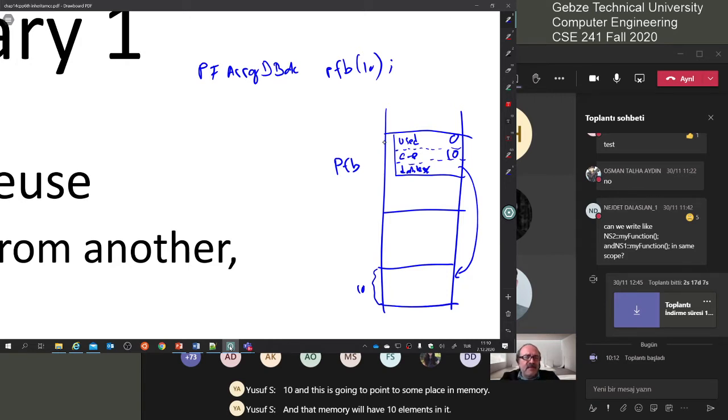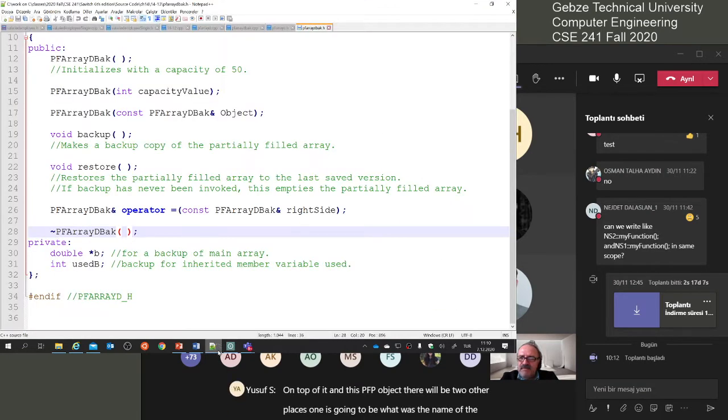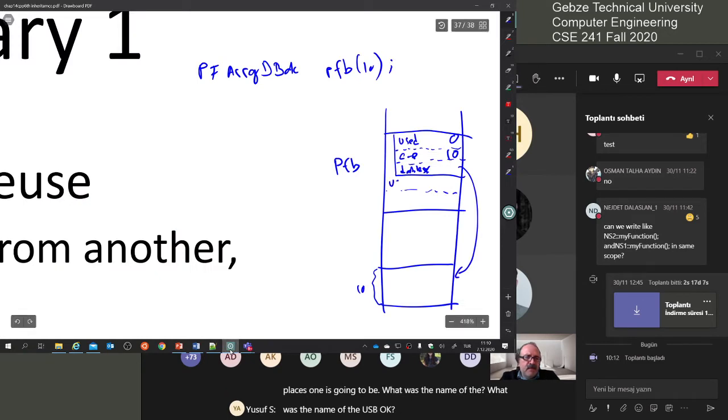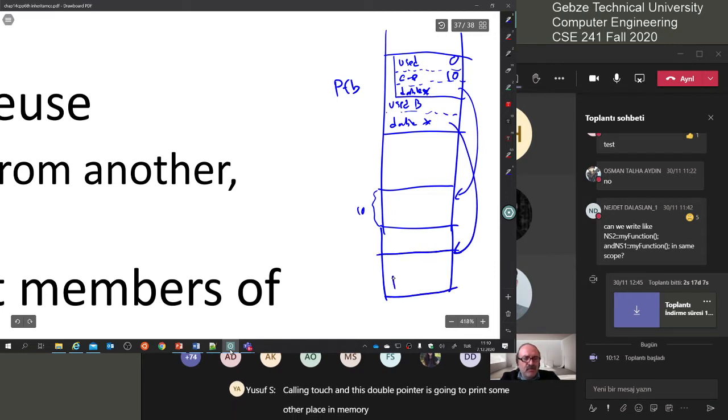On top of it, in this pfb object, there will be 2 other places. One is going to be, what was the name of it, use B, used B, and another double pointer, and this double pointer is going to point to some other place in memory, and this is going to be used for backup space.